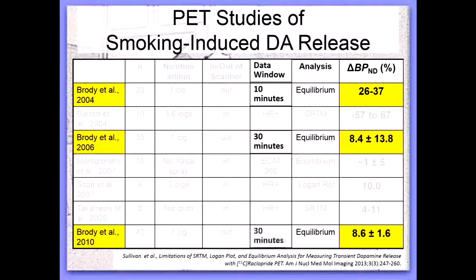In their first study, they only looked at 10 minutes after the stimulus, and they figured, well, if 10 minutes is good, 30 minutes must be 3 times as good. So in their subsequent studies, they looked at 30 minutes after the stimulus, and you could see they appeared to get a reduction in the effect compared to the first study because it was being washed out. All right? And those numbers are consistent with our simulations.